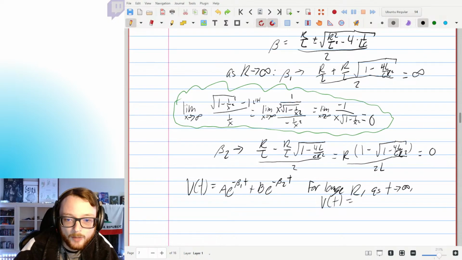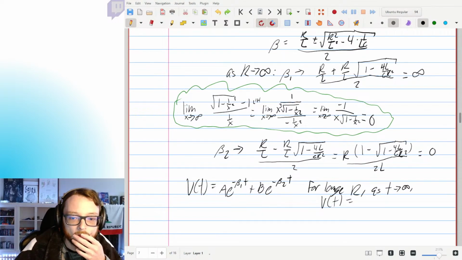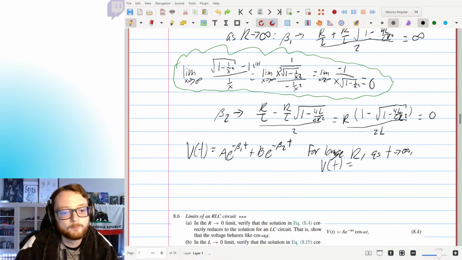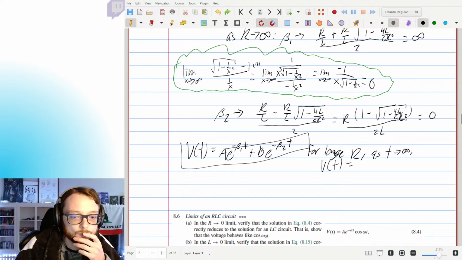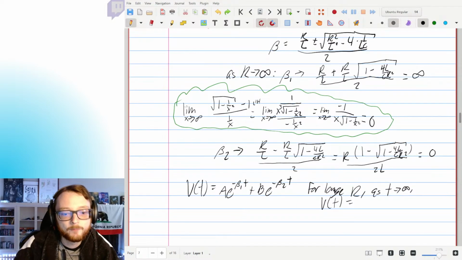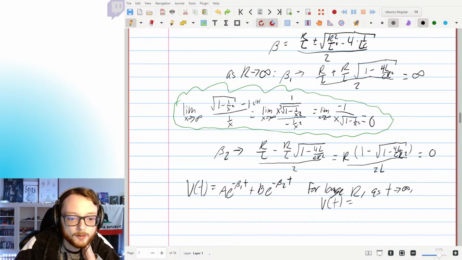Yes, because that's what I did in the green bubble thing up here. Okay. And so, oh yeah, this is where I got stuck. So looking at the actual solution now, for very large T and very large R, up here we have negative infinity times infinity, which is just e to a very large negative number.